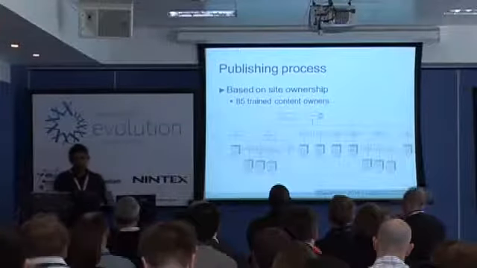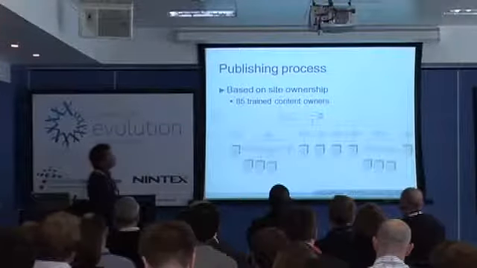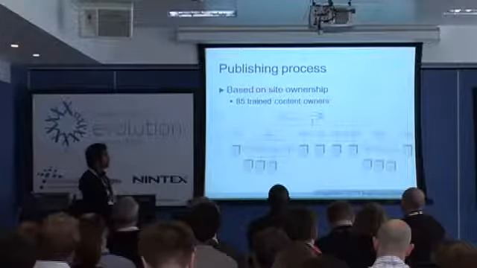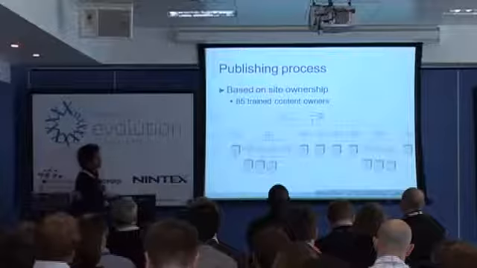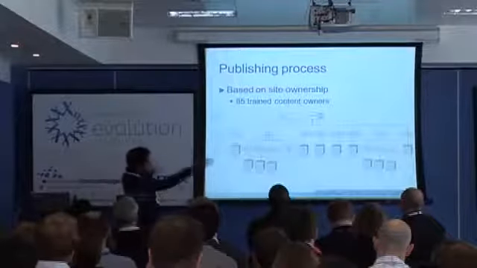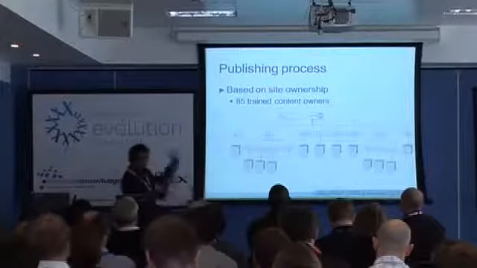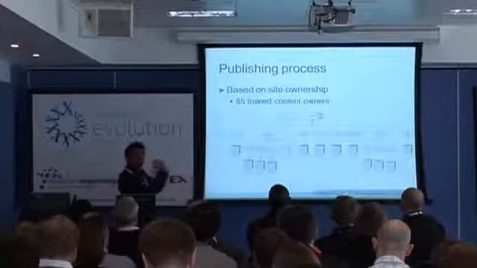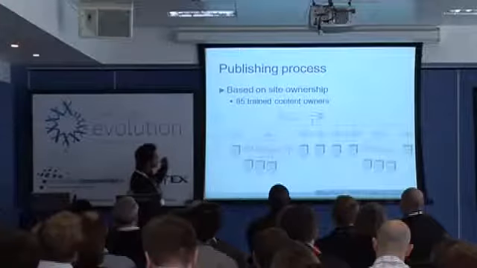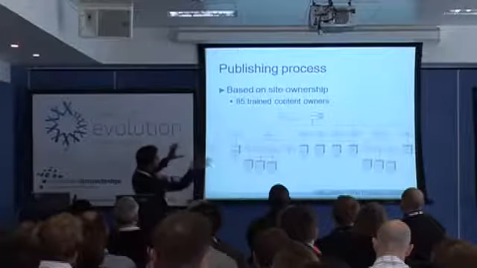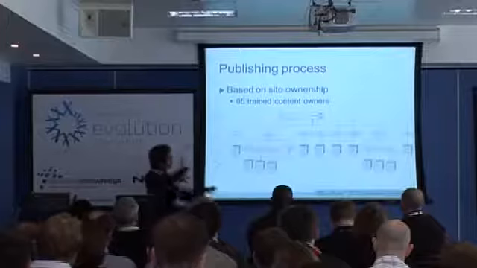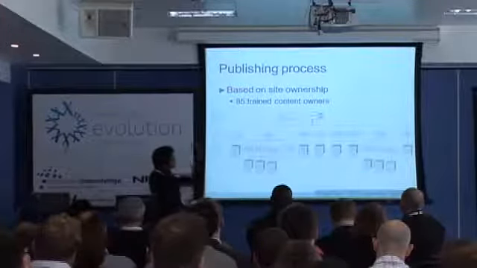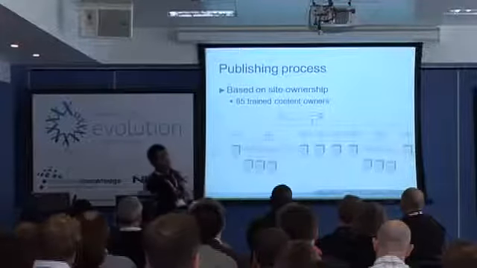So the publishing process that we came up with for the bank, which kind of suited them, was based on site ownership. This is the site map that we've got here. That's the site map that you create before you actually even build anything, after you've done your information architecture and so on and so forth. You have an HR section, a how-to guide, which has a whole lot of structured content in there, and then about Kiwibank. So there's the top level site and a whole lot of landing pages.